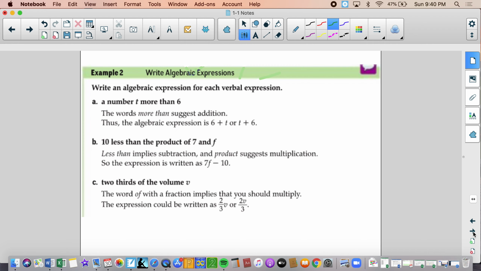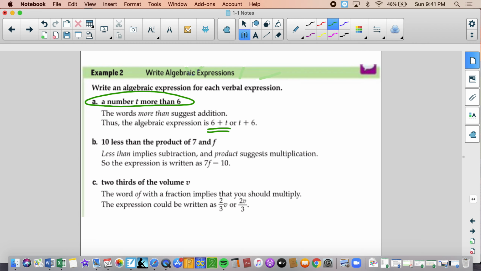So now, when we see a verbal expression, let's change it into an algebraic one. A number t more than 6. I'm going to take this one.